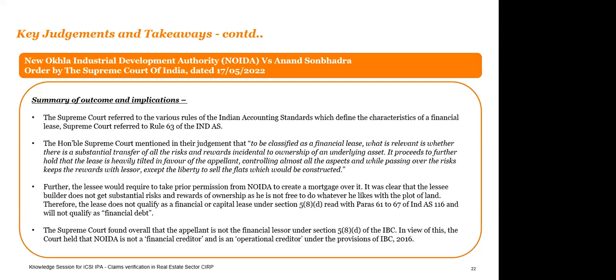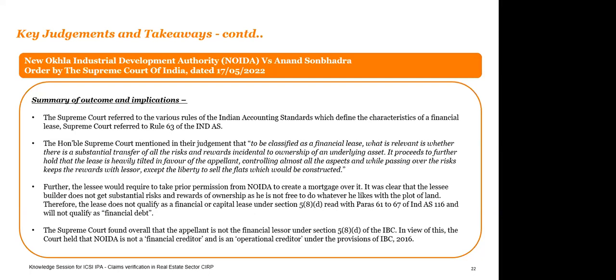in favor of the appellant. Appellant means here Noida, controlling almost all the aspects, and while passing over the risks, keeps the rewards with itself, except the liberty to sell the flats which would be constructed. So it says that Noida hasn't passed on all the rights.